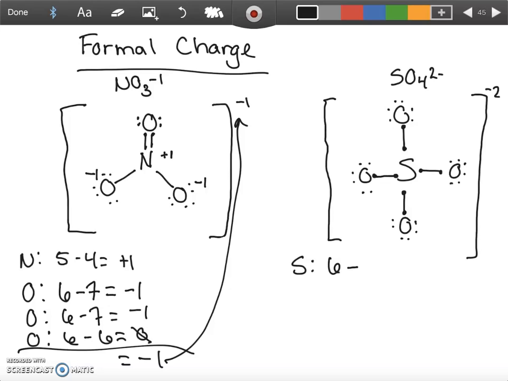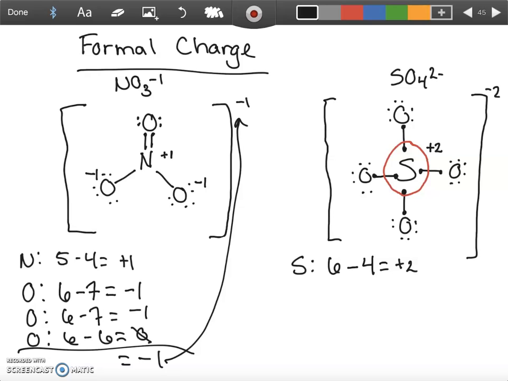We'll subtract that from the electrons that it has in its immediate vicinity. There are 1, 2, 3, 4. 6 minus 4 is +2. So there is a +2 charge on that sulfur there.